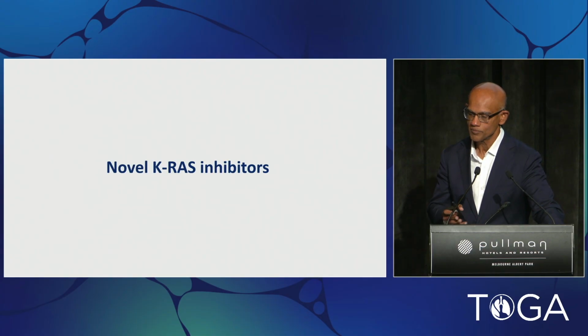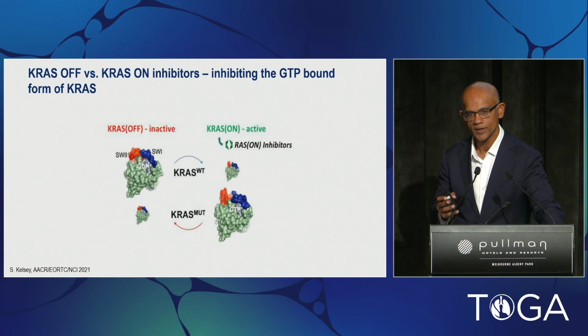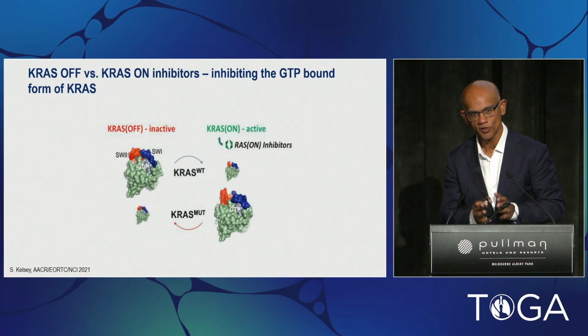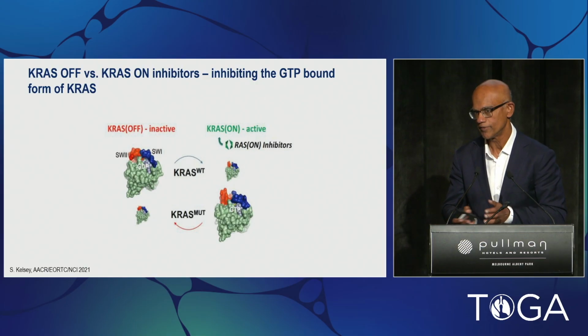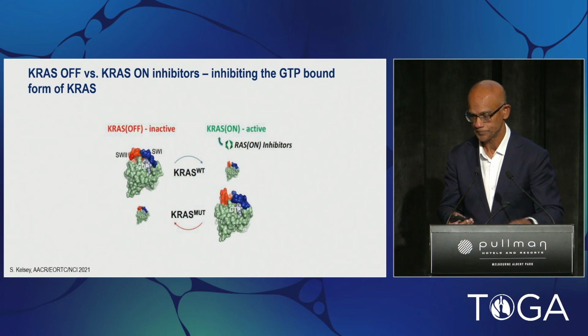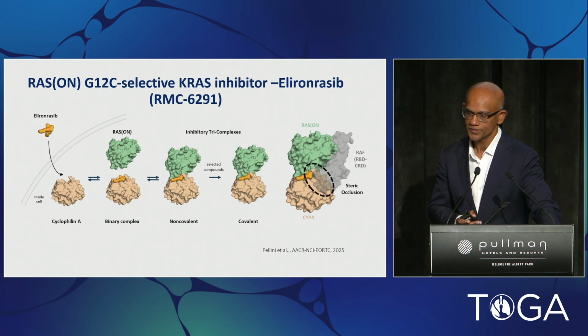What about novel G12C inhibitors? So these drugs that I've described previously are all off-state inhibitors. But there are drugs that are developed that can inhibit KRAS in its on state. One of these so-called RAS-ON inhibitors is this G12C selective inhibitor called adagrasib.